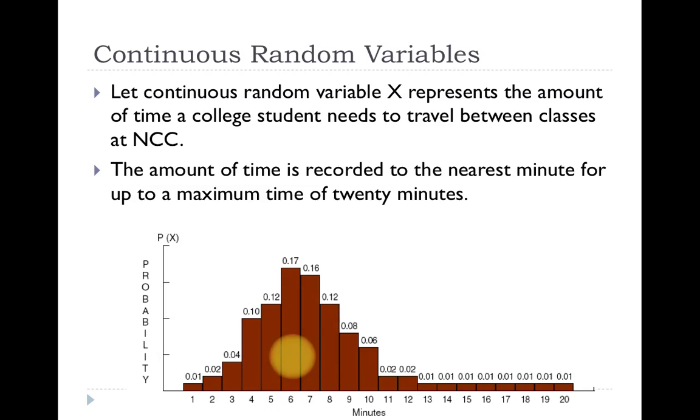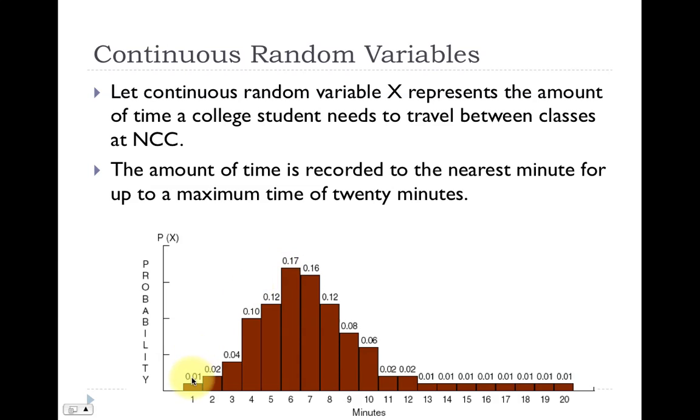You can see the most frequent is 6 minutes to get to class. We have a proportion of 0.17 or 17% of the students for whom it took 6 minutes to get to class.